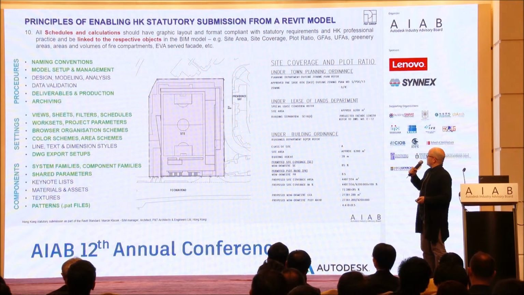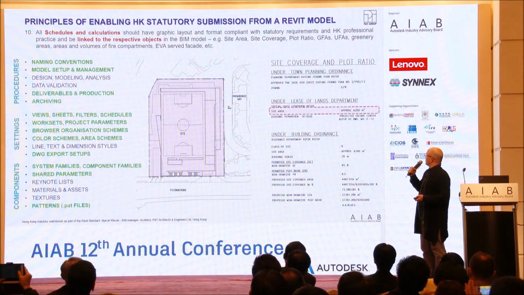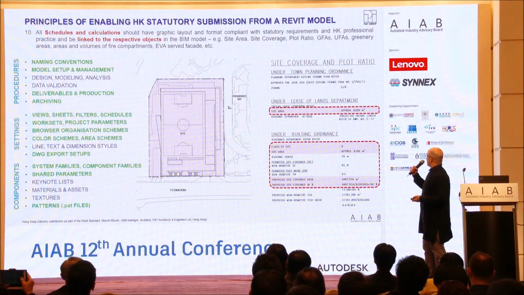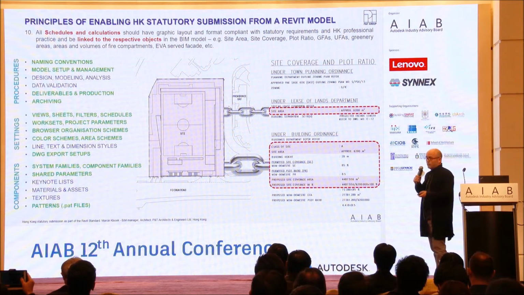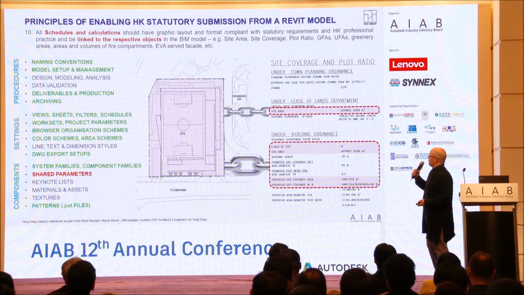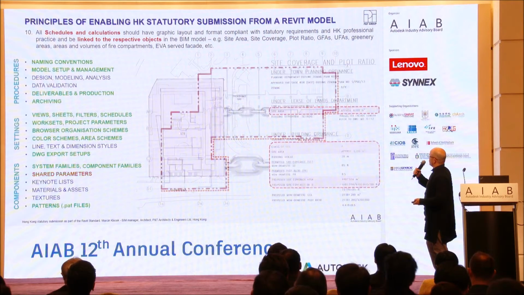Now, obviously, all the schedules and calculations cannot be typed manually. They have to be linked, like this site area or site coverage calculations have to be linked to real objects in your model, like this site boundary. For that, we use shared parameters for all those values like site area or site coverage.